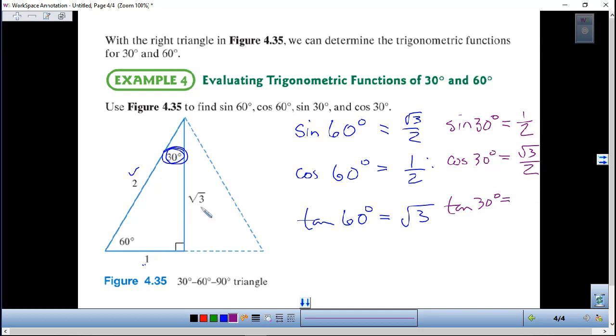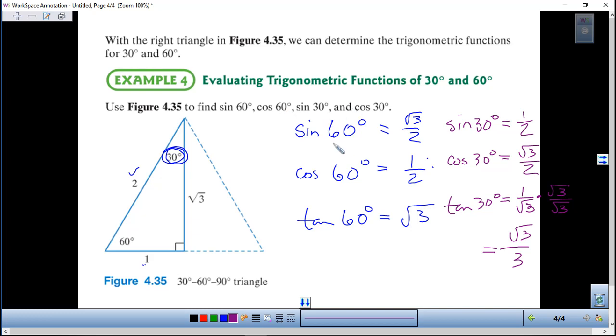Tangent is opposite over adjacent, and that's going to be 1 over the square root of 3, from which we would then have to rationalize, and we end up with the square root of 3 over 3. Now, once again, your sine and your cosine values are very important to know for these values.